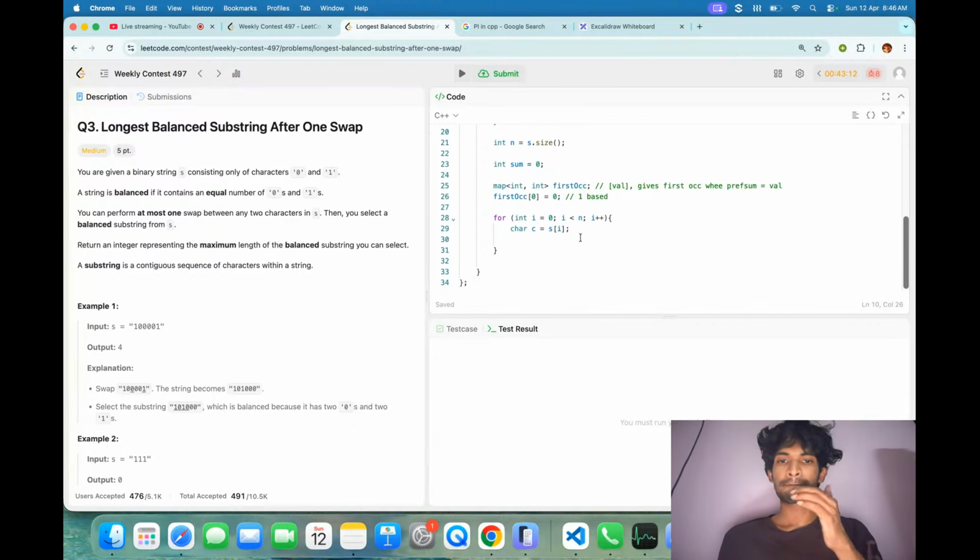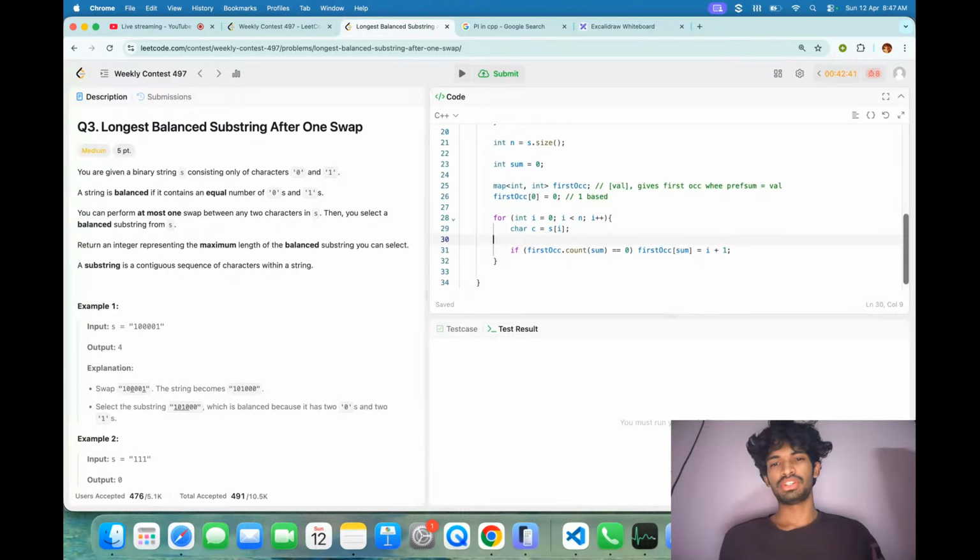Okay, how do you find the minimum j like that? Once you get the sum, if it is not there, only then do you set it: if first occurrence dot count of sum equals 0, only then you set it to i plus 1.